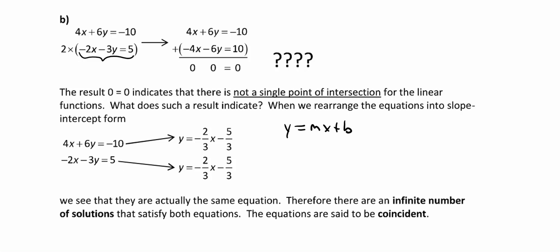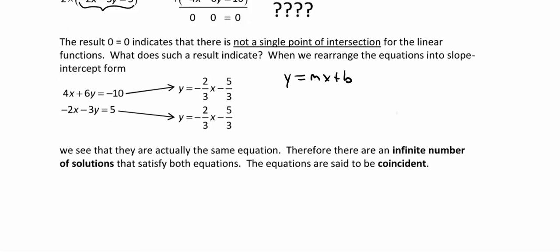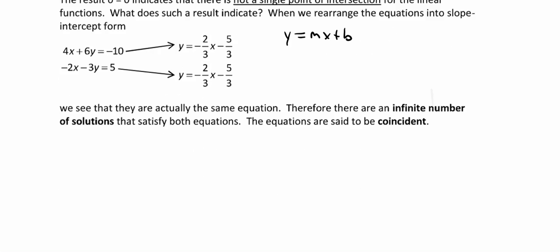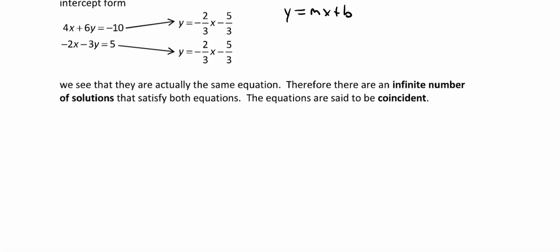So if we had our grid, and this is our first line, well, then the second line just is the first line. You can think about both of them as being right on top of each other. So how many solutions are there here?